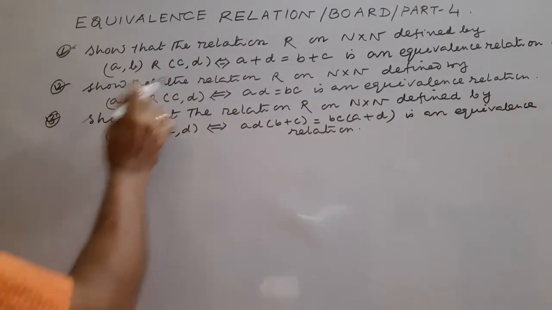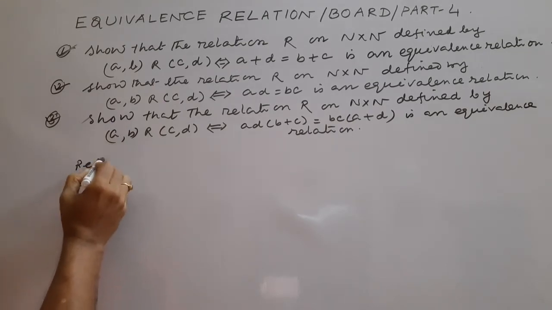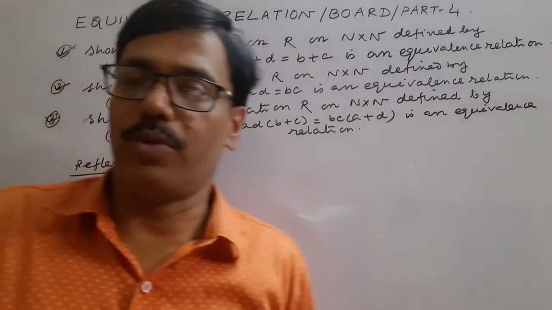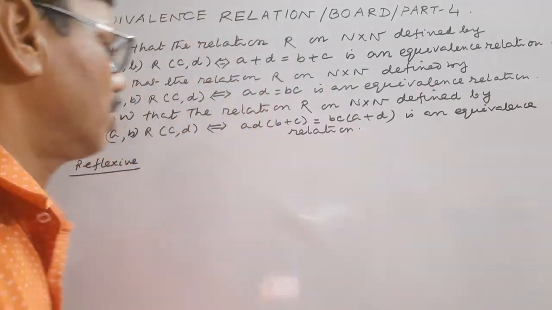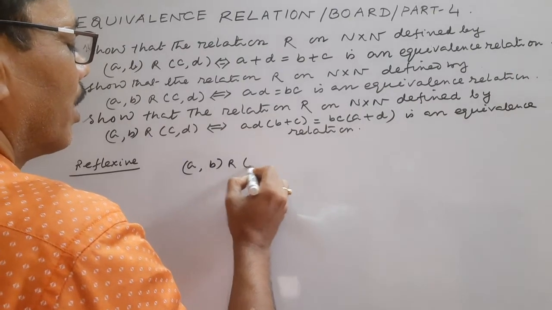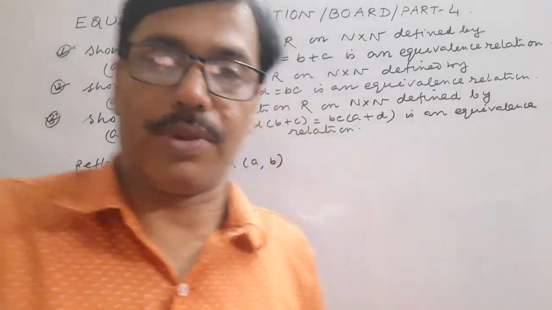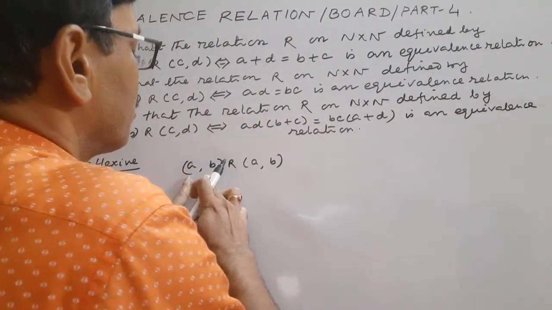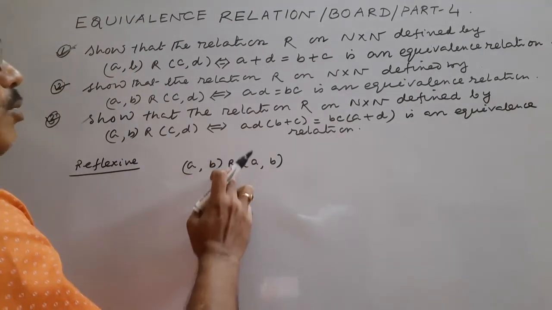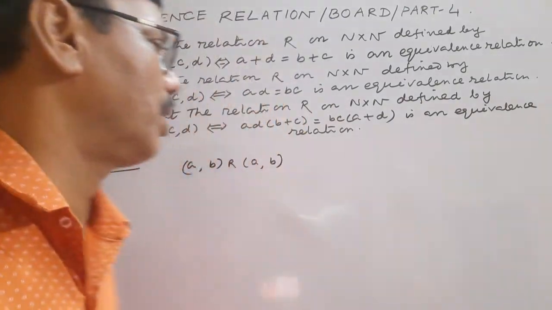So for equivalence relation, we first consider the reflexive property. We have to take the same ordered pair, so (A, B) R (A, B). We are not taking (A, A) because it is an ordered pair: the first ordered pair is (A, B) and the same ordered pair is (A, B).